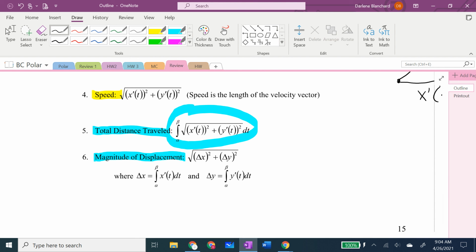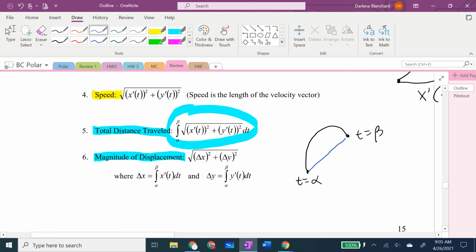But displacement, so let's say this is the way I'm traveling. I travel from t equals alpha to t equals beta. The displacement is the straight up distance between the two points.